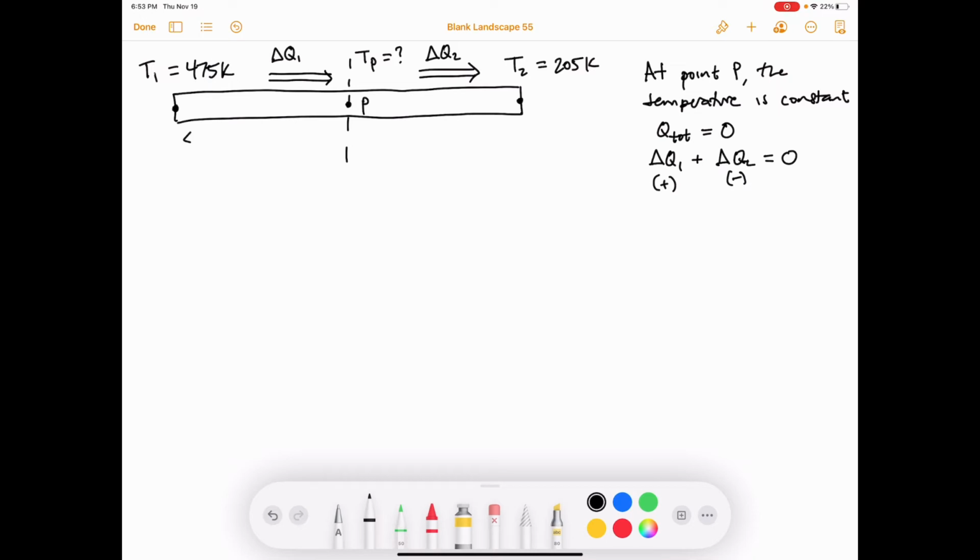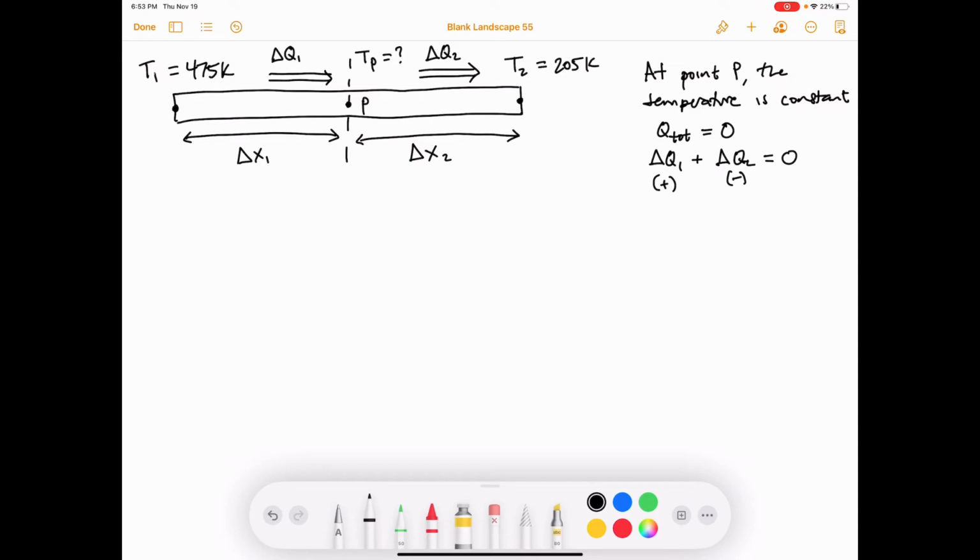So we'll label some other things on this diagram. First, we have a distance from the left side of the rod to the point. We'll call that delta x1. And then we have another distance from the point to the right side of the rod, which we'll call delta x2.